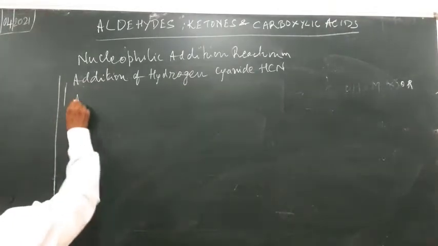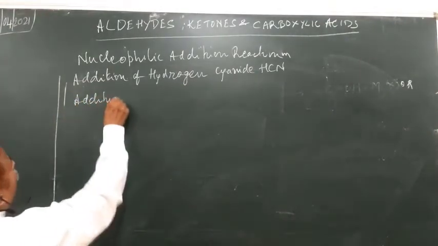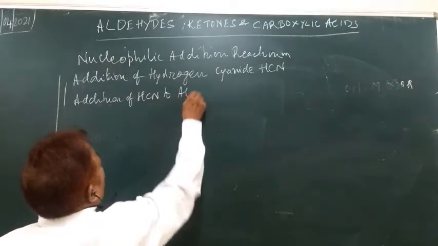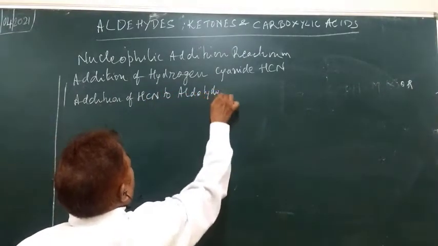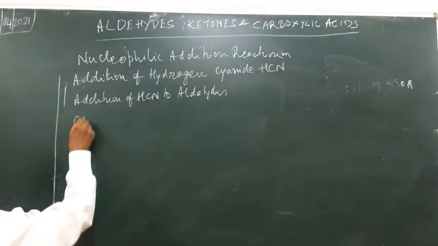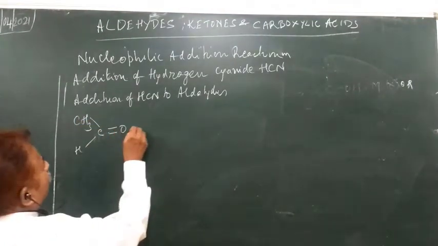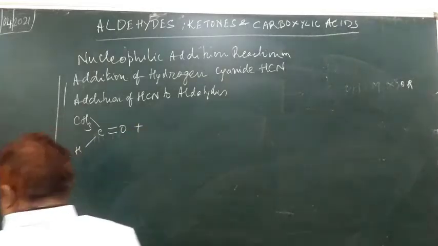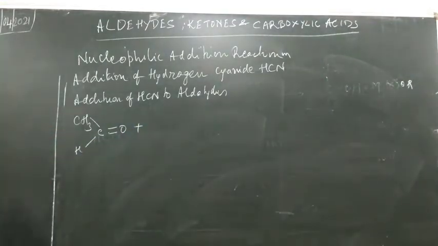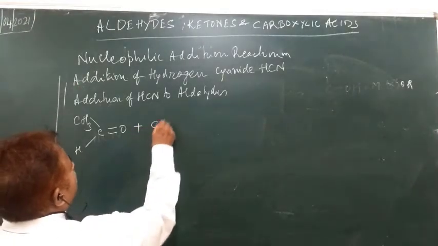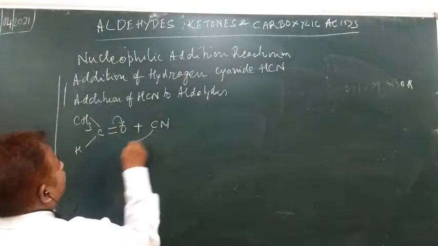Now let us see the addition of hydrogen cyanide to aldehydes. CH3CH double bond O plus CN minus.